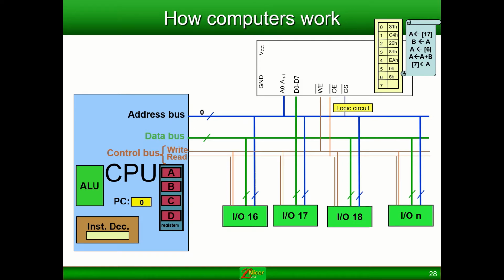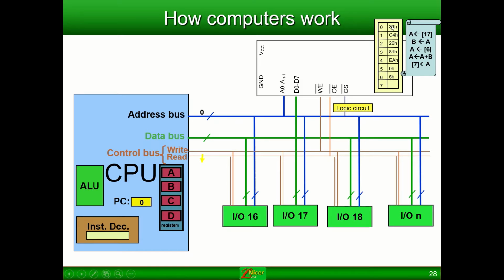The program counter is stored with value 0, meaning we have to execute the instruction at the 0th location of our memory. So the address bus will be given address 0.